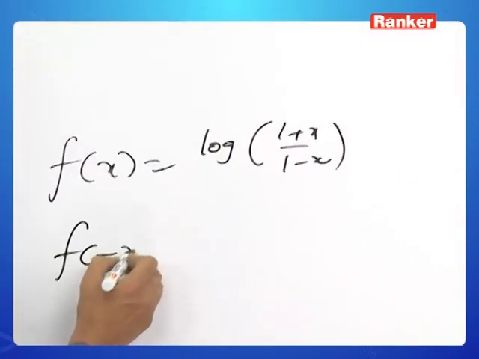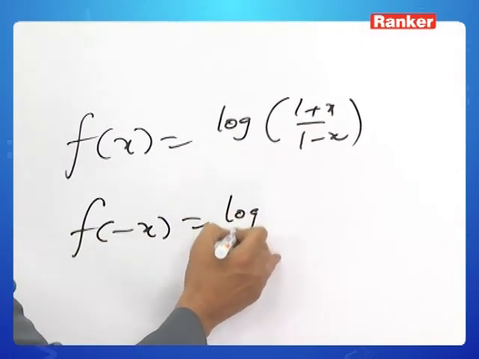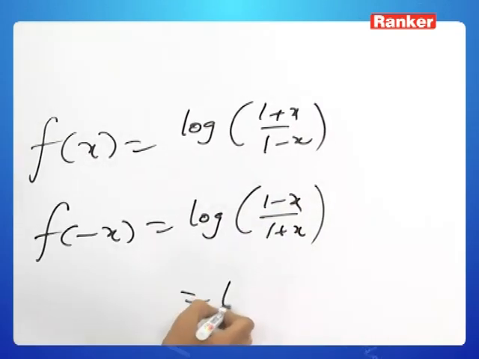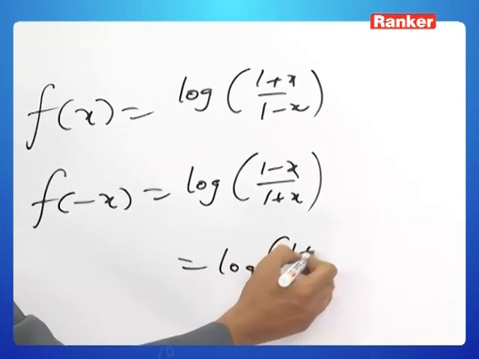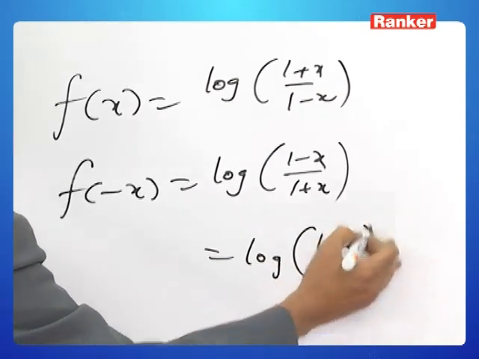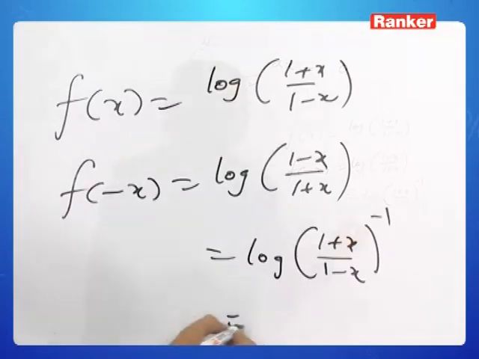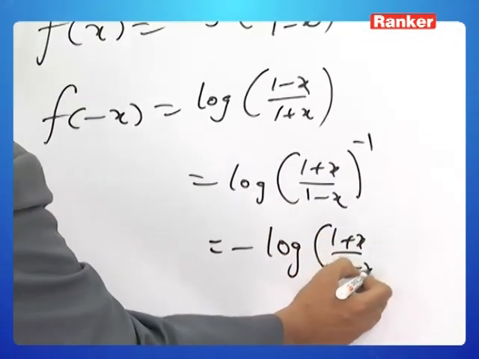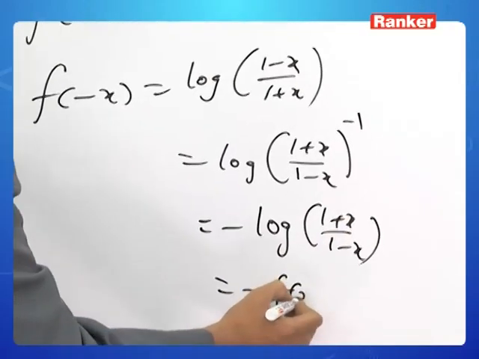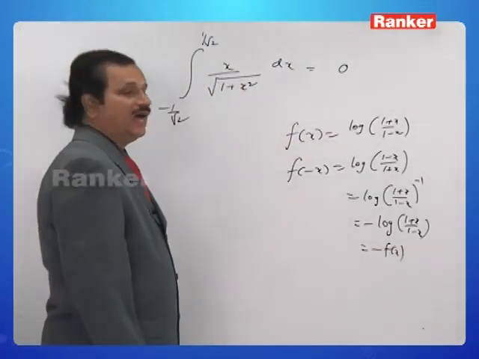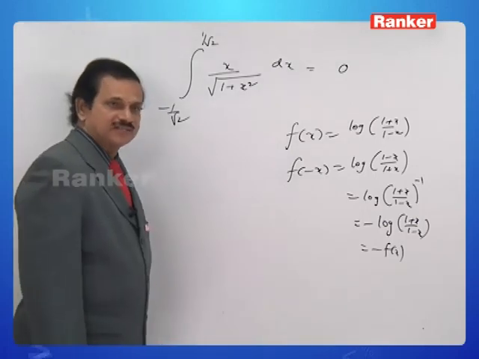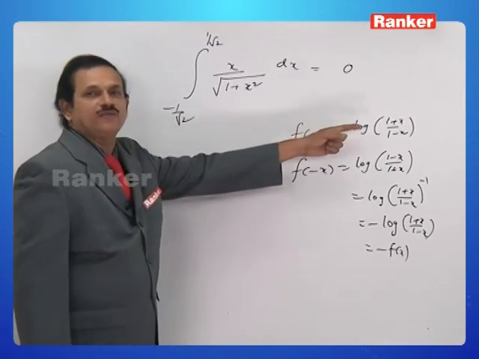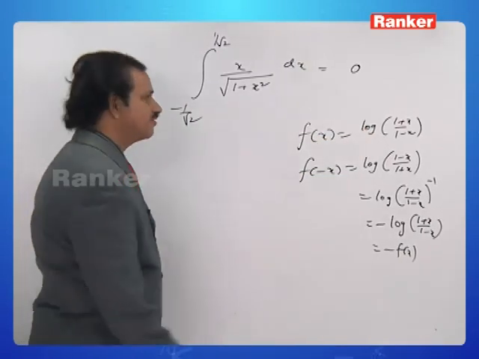F of minus x is equal to log of (1 minus x) by (1 plus x). It is nothing but log of ((1 plus x) by (1 minus x)) to the power of minus 1. It is minus of log of (1 plus x) by (1 minus x). Hence it is nothing but minus f of x. As f of minus x is equal to minus f of x, it is surely an odd function.